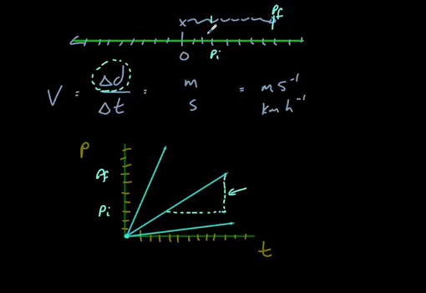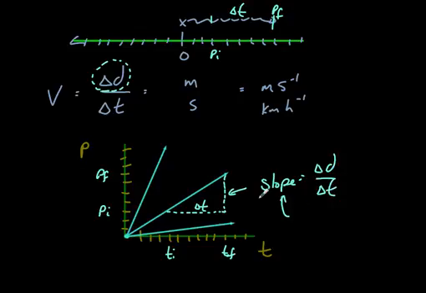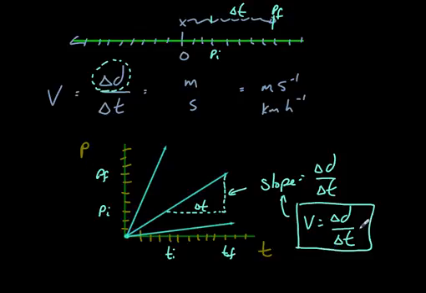So these are the 2 points I'm looking at, pi and pf. And that takes some time, from ti to tf. Well, what I'm finding here is slope is equal to rise, or delta d, over run, delta t. Aha! The slope of a displacement time graph gives me the velocity. The rise over the run is velocity. It's an important thing to remember. You with me?